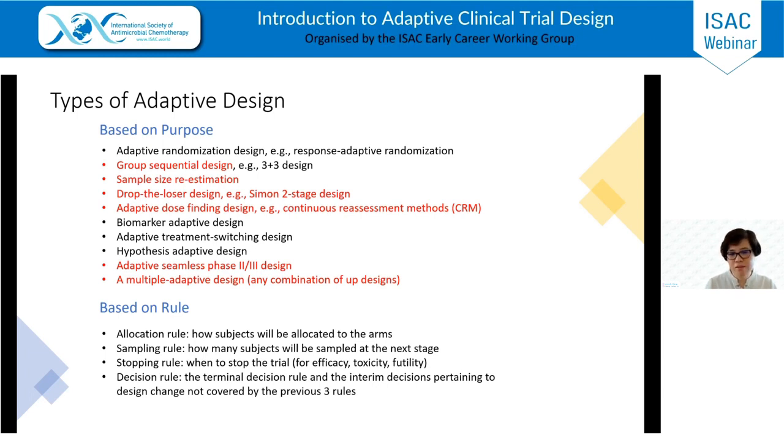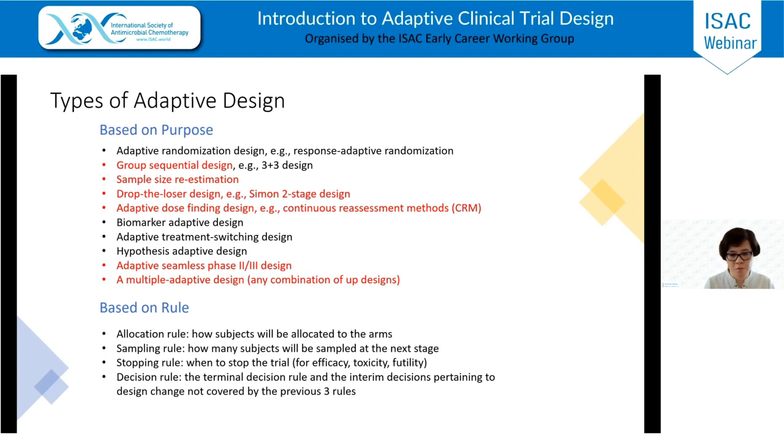If you base it on the rules, you can classify the adaptive design into 4 different types. First, the allocation rules: how the subjects will be allocated to the arms. The sampling rules: you re-estimate the sample size and include a different number of subjects into your study at a later stage.